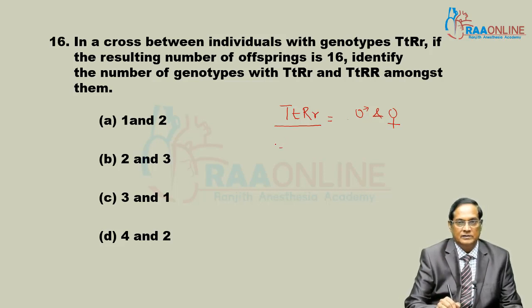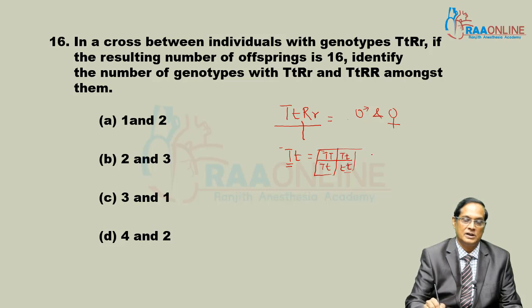Then I have separated these two. That is capital T, small t, this plant is monohybrid. If it is selfed, then you will get this checkerboard: capital T capital T, capital T small t, capital T small t, small t small t.